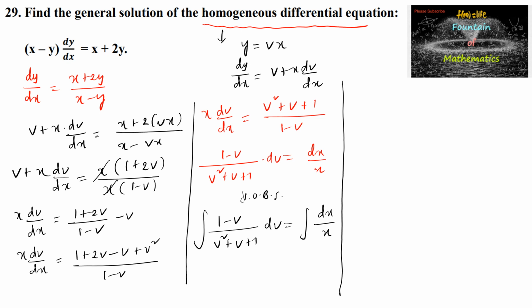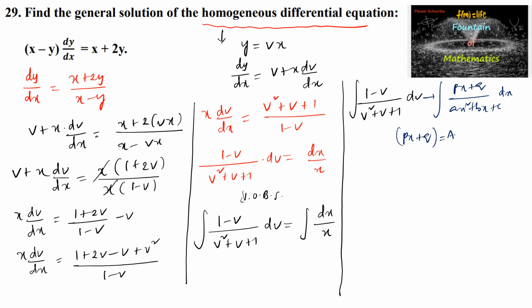We have the integration of 1 minus v upon v square plus v plus 1 dv, which is in the form of the integration of px plus q upon ax square plus bx plus c dx. Here we can solve by using the method px plus q is equal to a into d by dx of the denominator, that is ax square plus bx plus c, plus constant b.